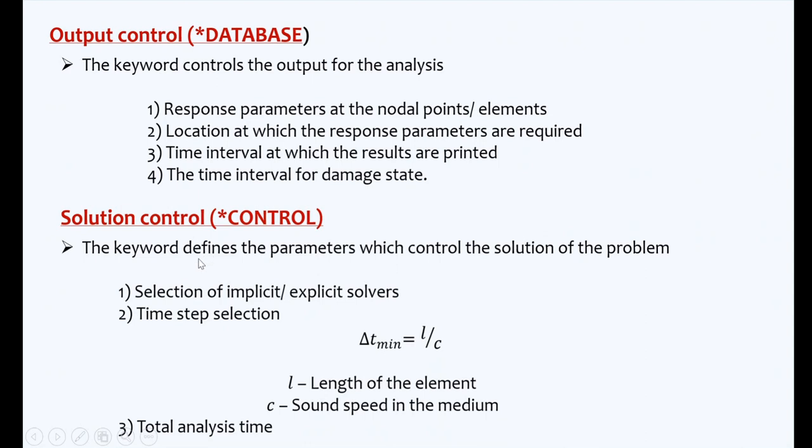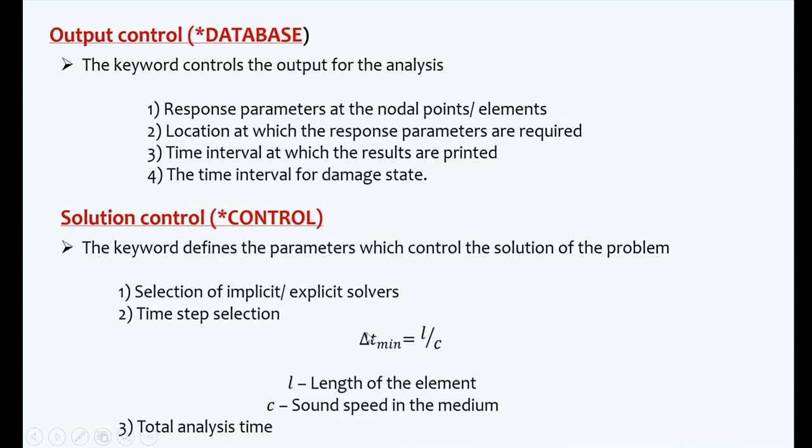Next is the solution control. In solution control, we have to define for how long we need the response. And for the explicit integration, we know it's a conditionally stable scheme, so our time step should be limited, like it should be within a limit.